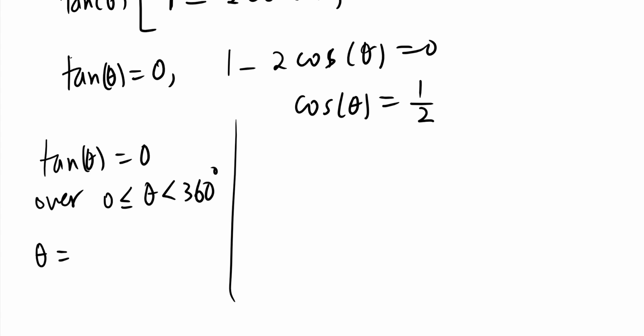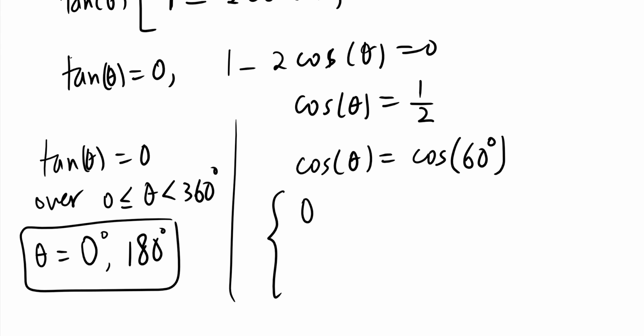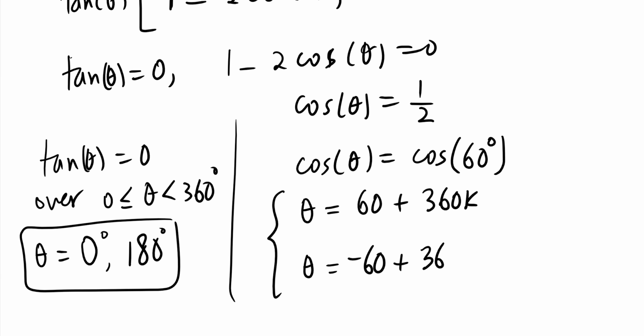We know from the table or the unit circle, 0 is one of them and 180 degrees, these 2 angles. For cosine, which angle has cosine 1/2? That's 60 degrees. So we can use the formula I gave you earlier, either 60 plus 360k or negative 60 plus 360k. Always specify k an integer.